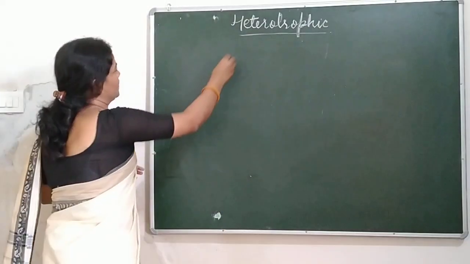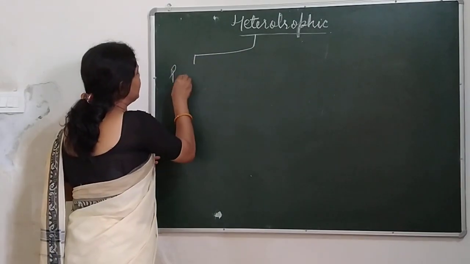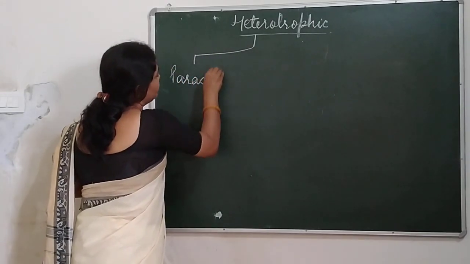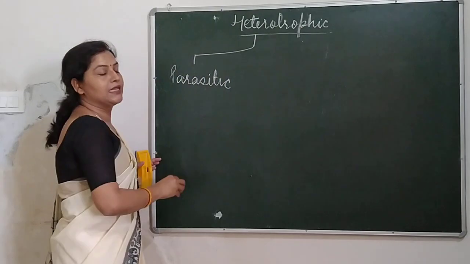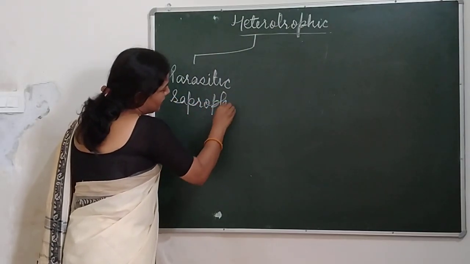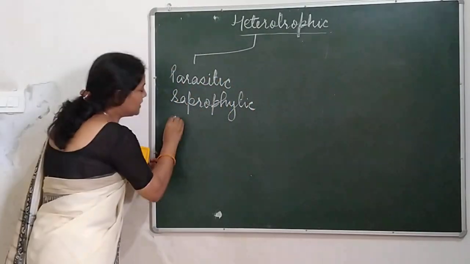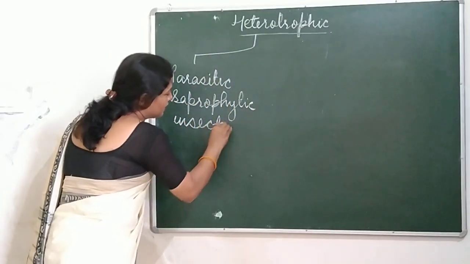There are four types. The first one is parasitic. Second one is saprophytic. Third one, insectivorous.